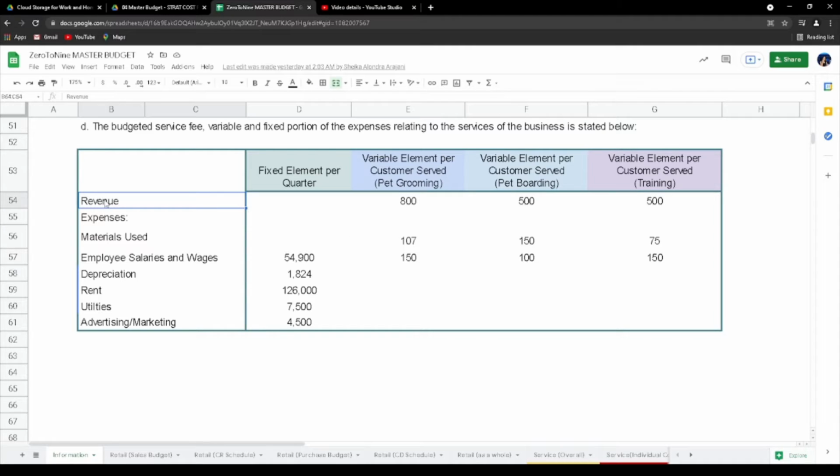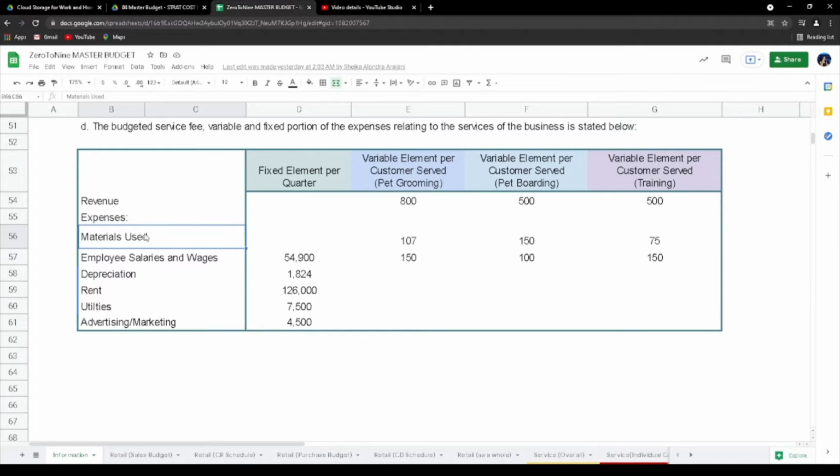First item is the revenue with a variable portion for pet grooming, 800, 500 for pet boarding, and 500 for training. Second is the expenses composing of the materials used, employee salaries and wages, depreciation, rent, utilities, and advertising or marketing.